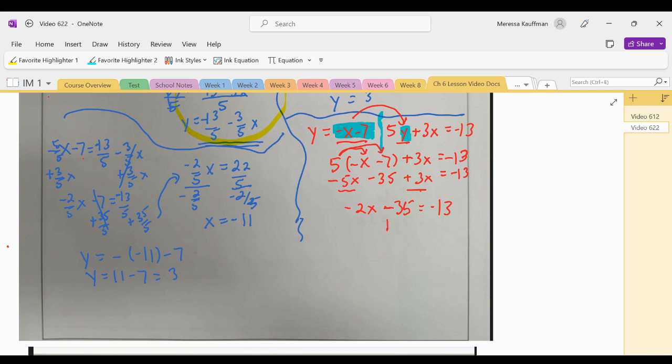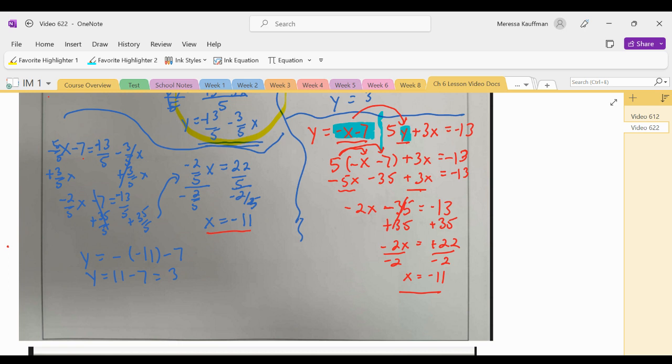Now I'm going to add 35 to both sides. This goes away. I get negative 2x is equal to negative 22. Oh, actually positive 22. Divide by negative 2. x is equal to negative 11. Look at that. That's the same. And no fractions.